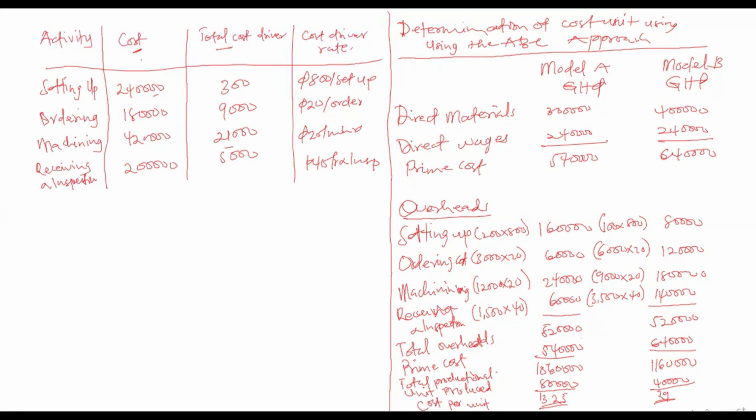So we believe this is the true cost of the product. When we use the traditional approach, we are not being fair to model A. And when you look at model B, the cost has increased from 22 cedis to 29 cedis. It means more activities go to model B. If more activities go to you, then you have to pay more. So that is the whole concept of activity-based costing.